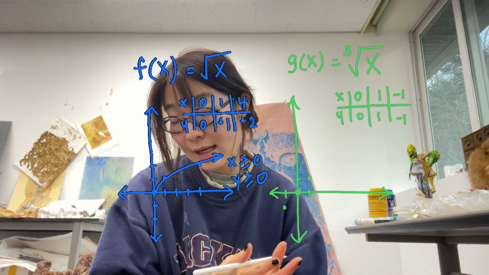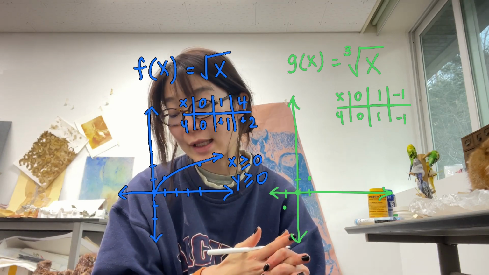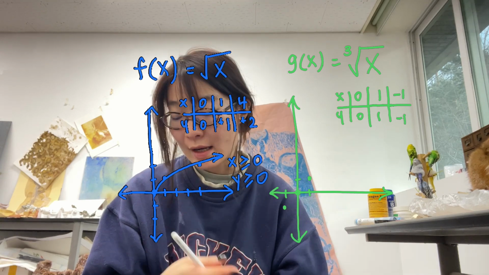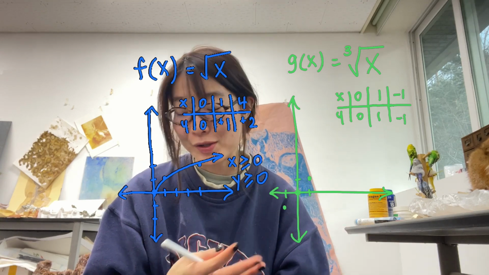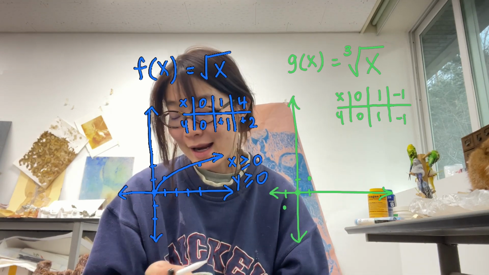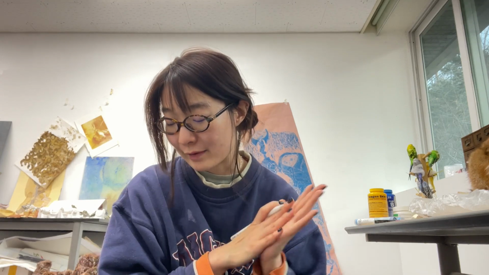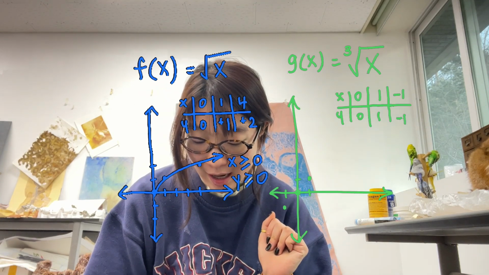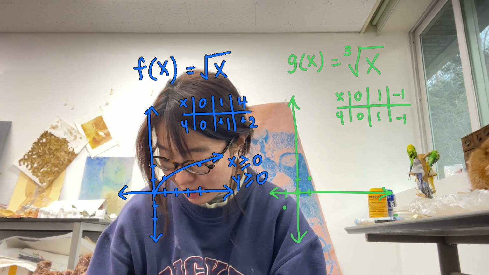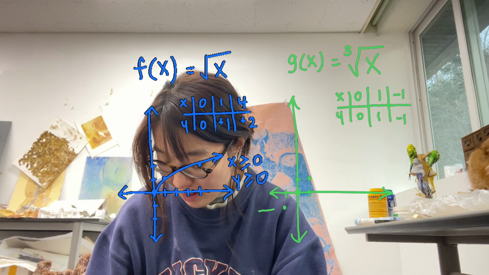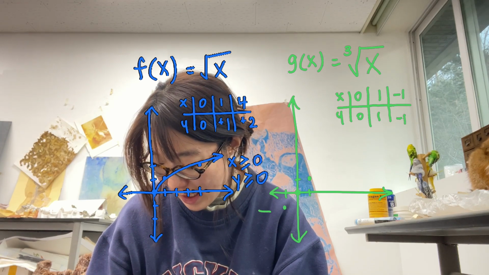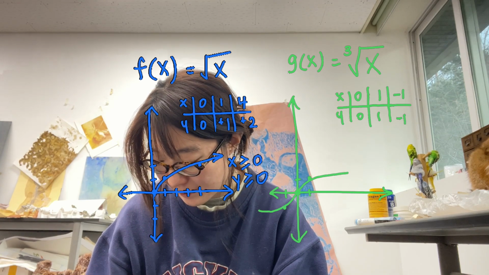For this particular function, I've selected x equals 0, 1, and negative 1, and obviously my y values would be 0, 1, and negative 1 respectively. So I'm going to go ahead and graph, and what I end up getting is something like this.